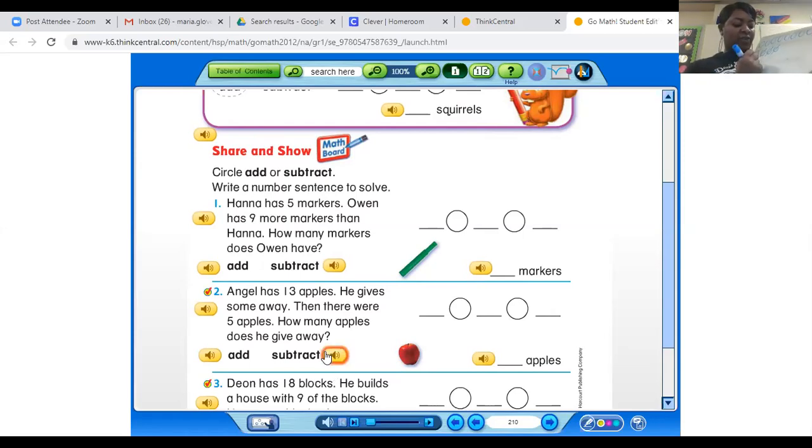So we subtracted 13 minus 5, and it equals, well, let's see, 1, 2, 3, 4, 5, 6, 7, 8. So how many apples did he give away? 8 apples. 13 minus 5 is equal to 8. All right, let's look at number 3.